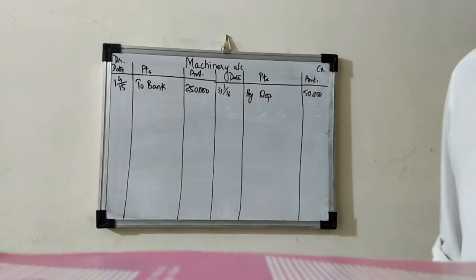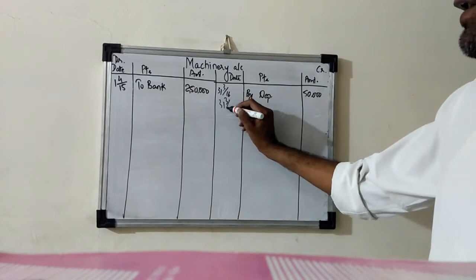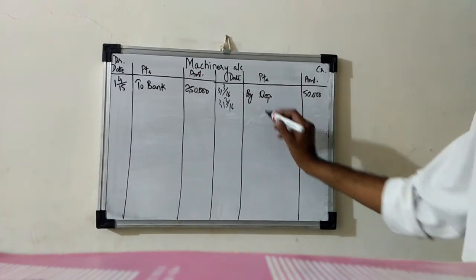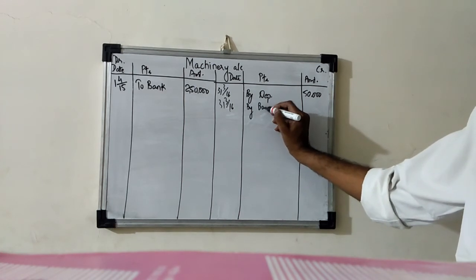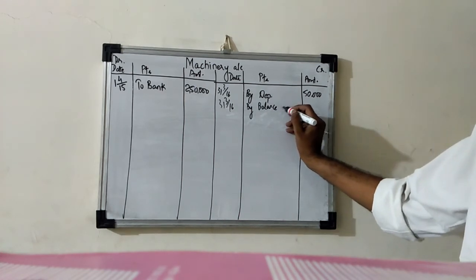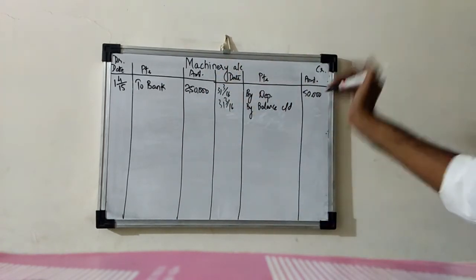Okay. Now we balance the ledger account of first year. Again write 31st March 2016. By balance carried down, 2,50,000 minus 50,000.